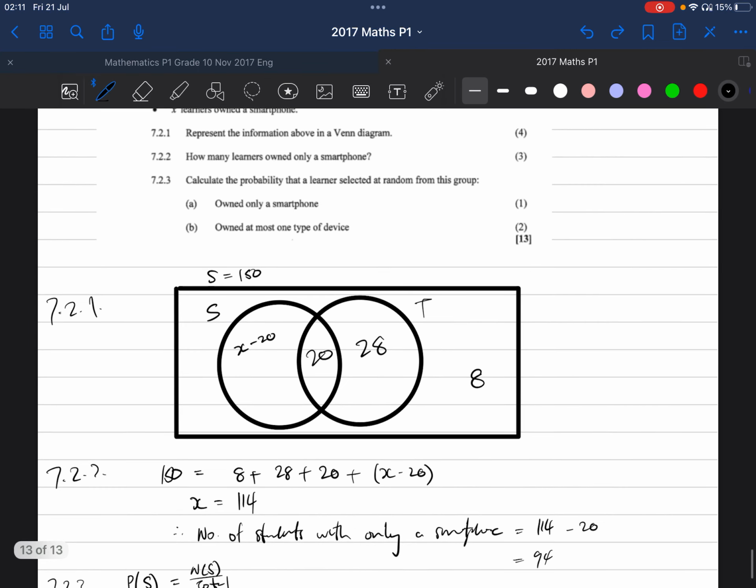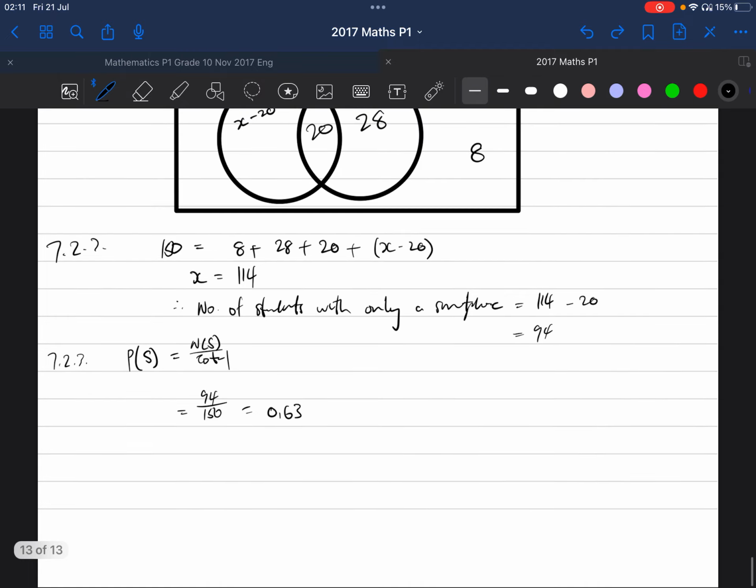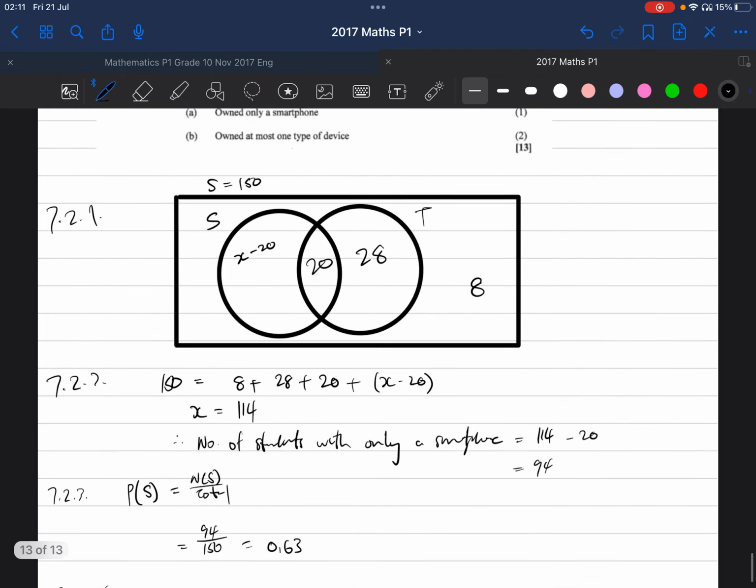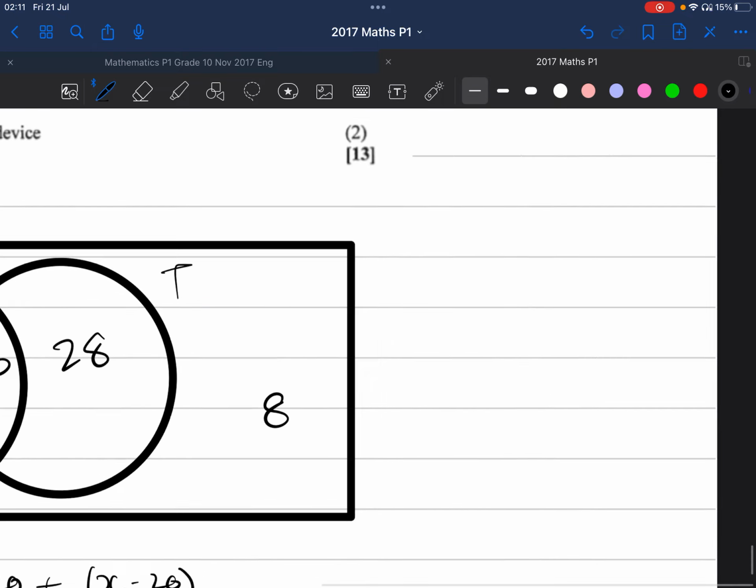Okay, at most one type of device means that, if you think about it, you have a few options here.